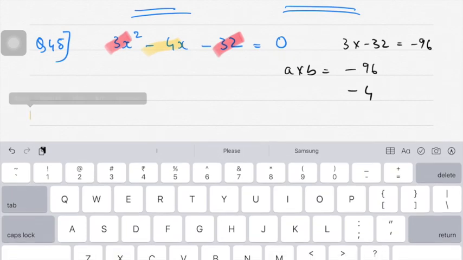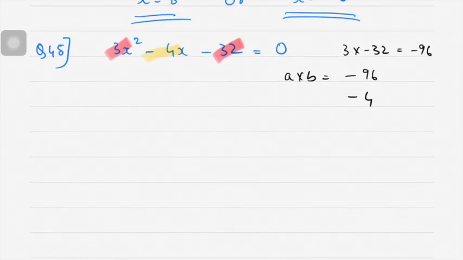So the sum should be minus 4. When you multiply two numbers, a into b should be minus 96. But when you add them, a plus b should be minus 4. This way you need to find two numbers.